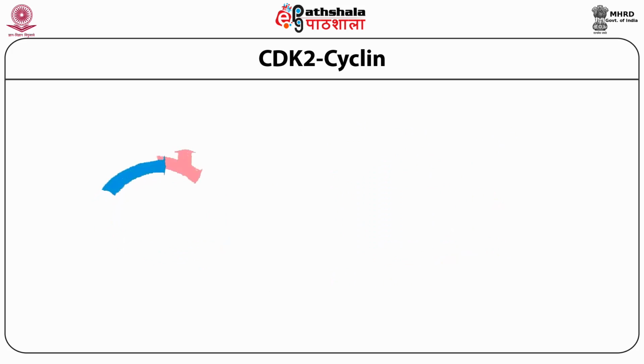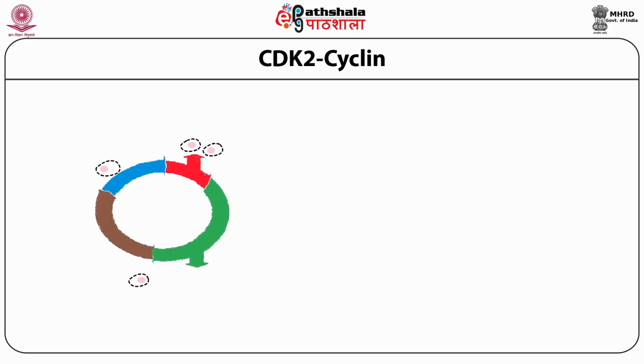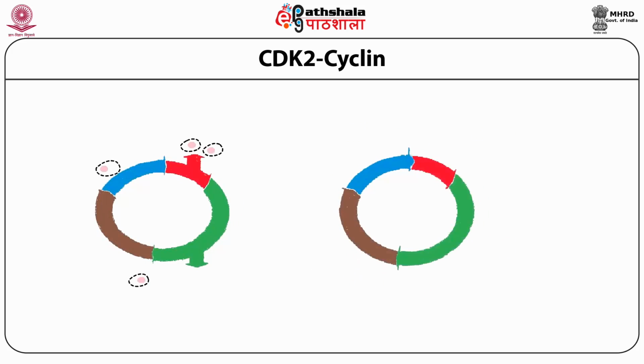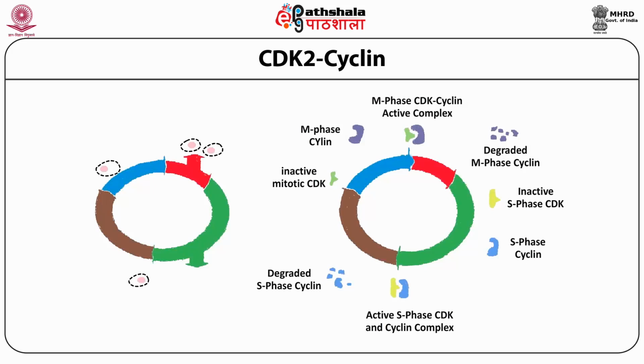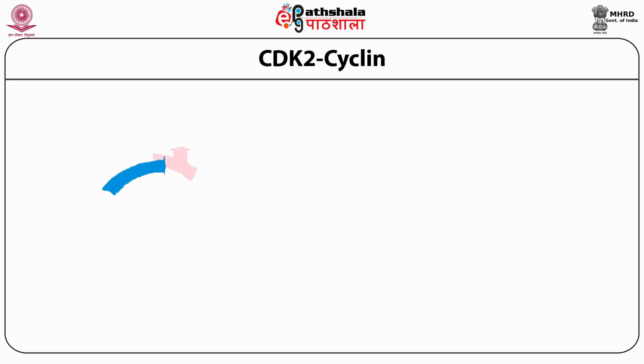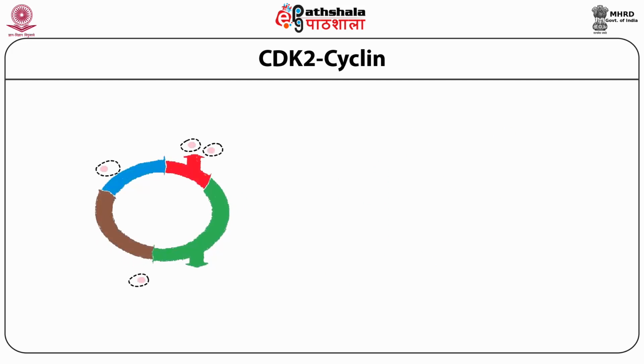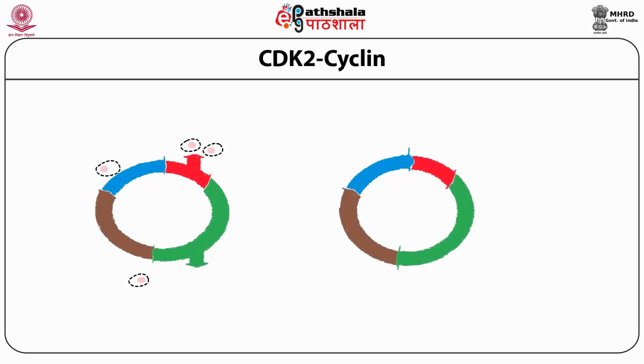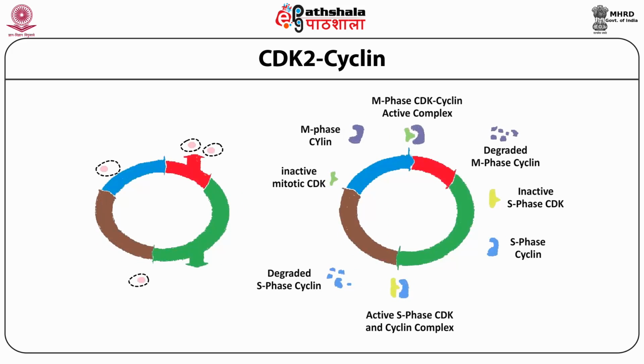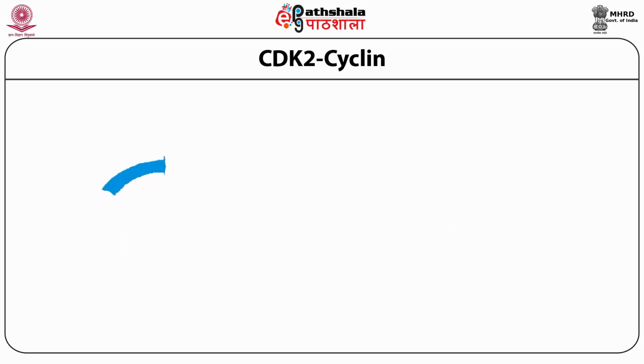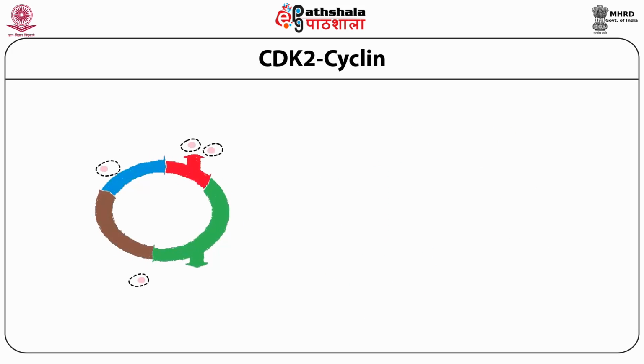Now in the S phase, as we know, the DNA is duplicated and several things take place. The cell size increases. At the end of the S phase, another set of cyclin dependent kinases are expressed. In the beginning of G2 phase, again they are not active.